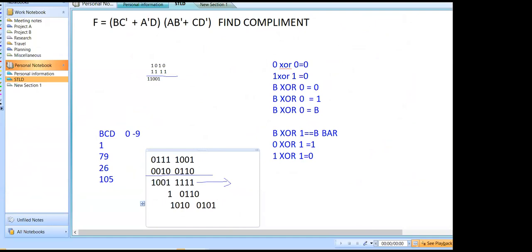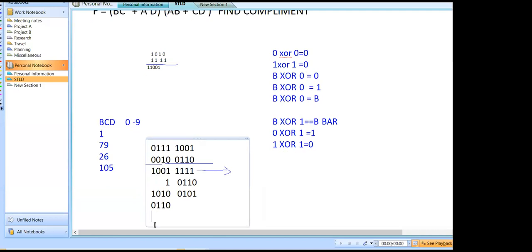See, by performing this addition, you got the result like this. 1010. Again, this sum is greater than 9. This is corrected. By performing this addition, again the sum is greater than 9. Again we need to make a correction of 0110, that is 6, at this point.